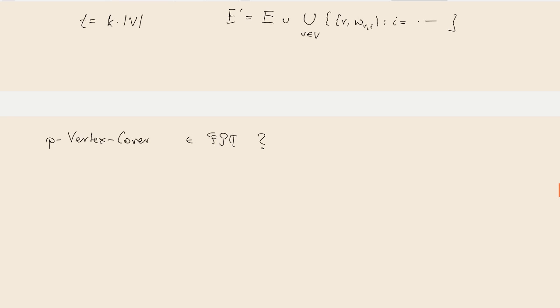So we needed a generalization to show that it's hard. That might, from a didactic point of view, already tell you that it's probably in FPT. Up to now, we've only seen this very stupid brute force method, which had a non-FPT runtime. But in fact, this is true. Vertex cover is one of the easy parameterized problems.